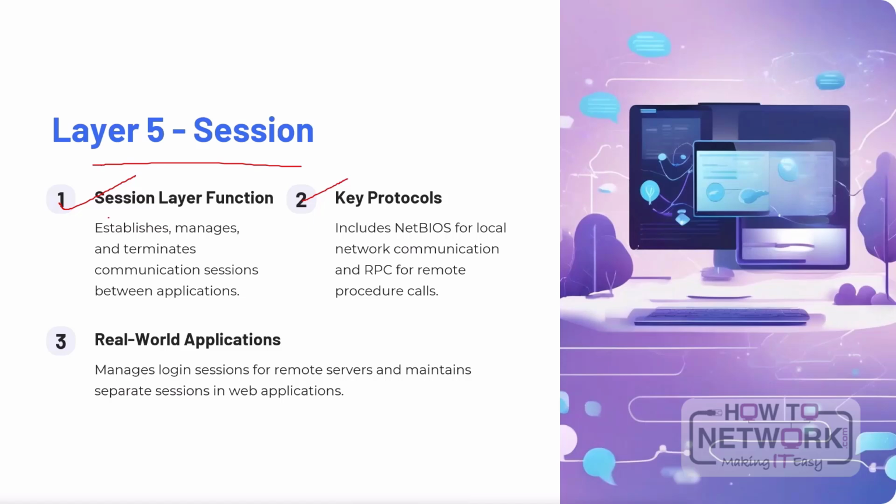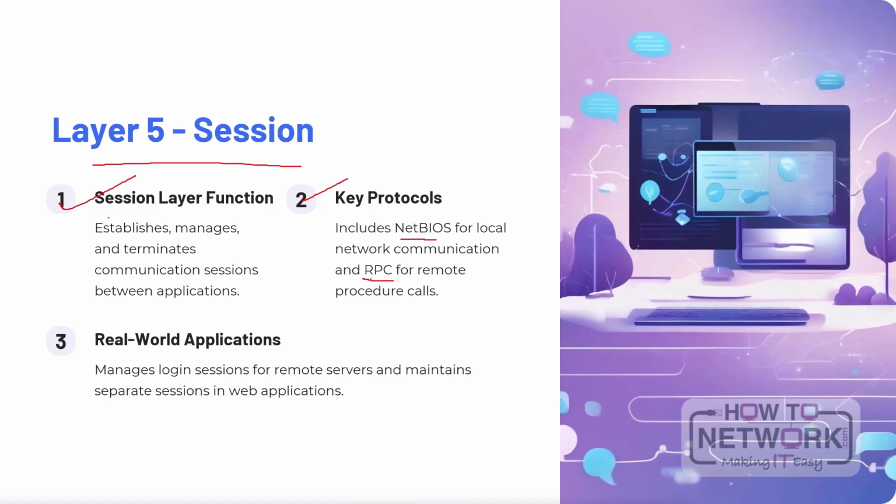Some notable protocols operating at this layer include, first, NetBIOS, or the Network Basic Input-Output System. This protocol facilitates communication between applications on a local network. It provides services like name resolution, session establishment, and data exchange, enabling applications to communicate with each other within a specific network.